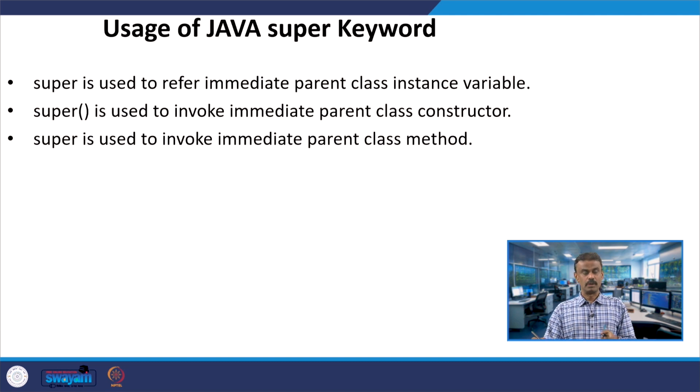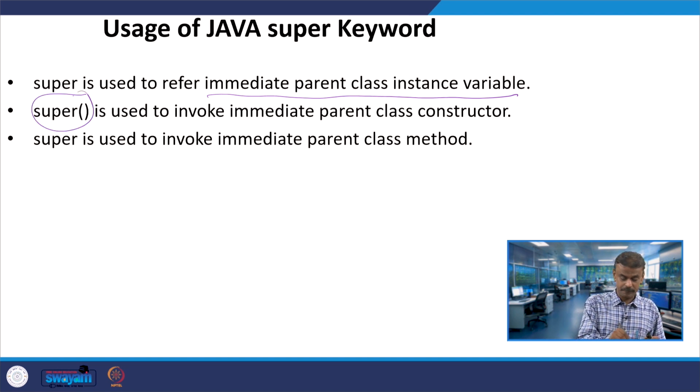So now we can use super as an instance variable: super.speed. The immediate parent class instance variable is referred to this way. With the constructor, super() invokes the immediate parent class constructor.